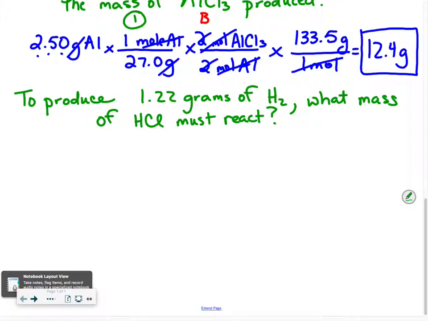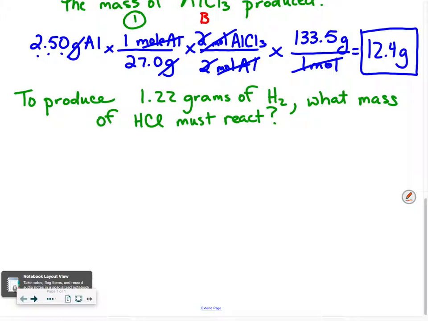All right, so tell me what substance A is in this case. What are we starting with? HCl is what we're trying to get to. So H2 is A, and then HCl is B.